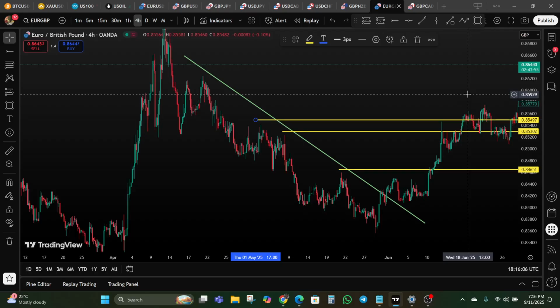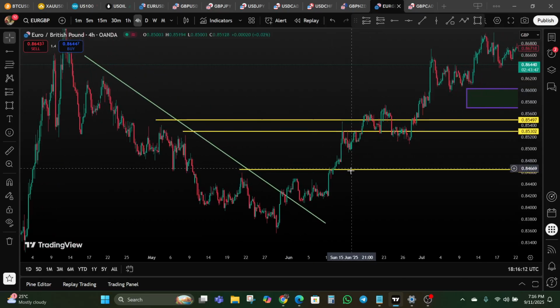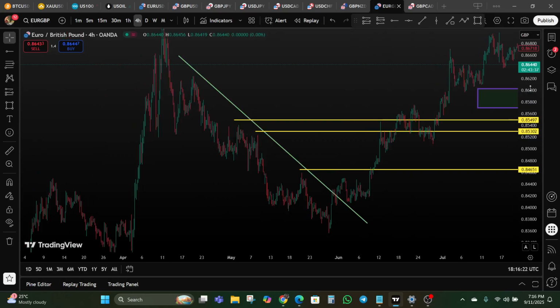Now, smart money often pushes price up just enough to trigger those stops before reversing the market lower. That is the essence of a reversal, a liquidity grab followed by a true directional move.